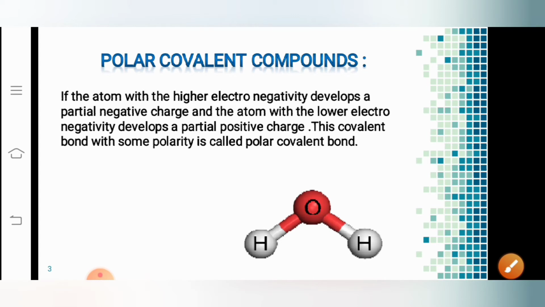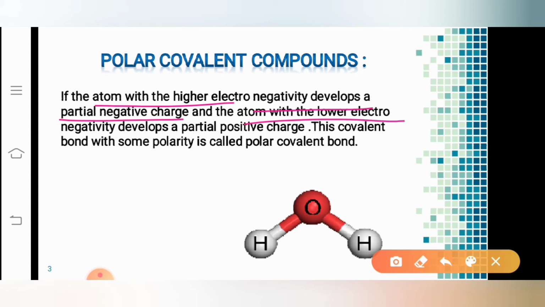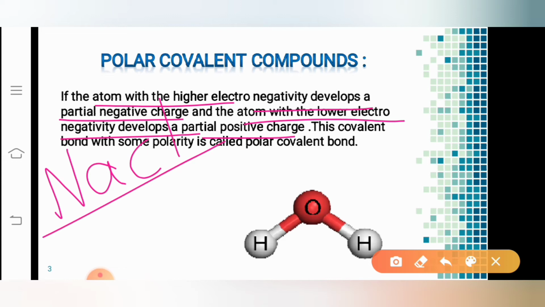Now let us understand the next point of polar covalent compounds. That is, if the atom with the higher electronegativity develops a partial negative charge, then the atom with the lower electronegativity develops a partial positive charge. To understand this, please remember NaCl. What happened in the case of NaCl?